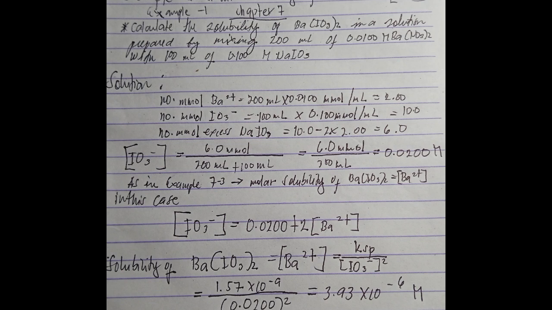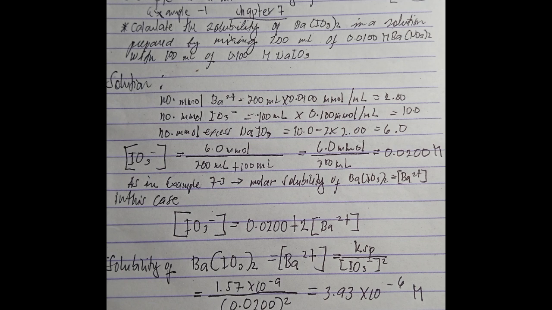So therefore, the solubility, if we substitute the constant, we have 1.57 times 10 raised to negative 9, then divide by 0.0200 in parentheses, with an exponent of 2.